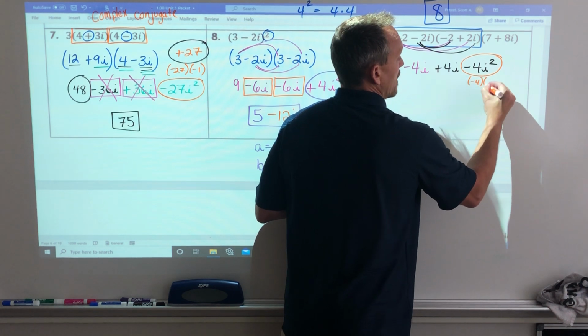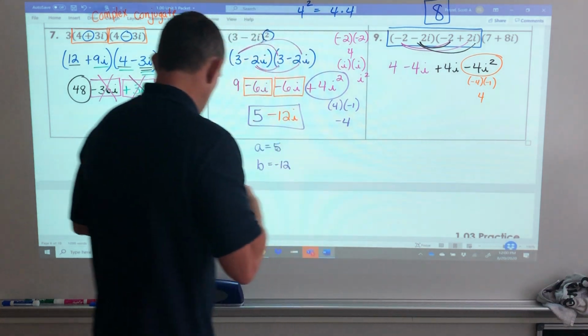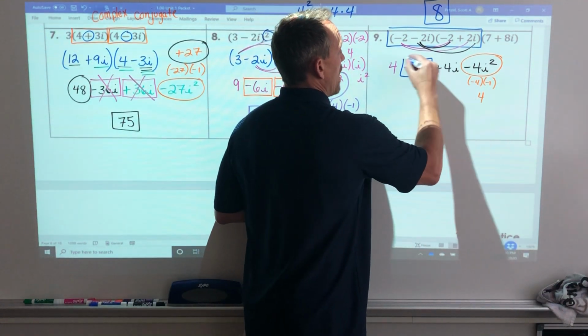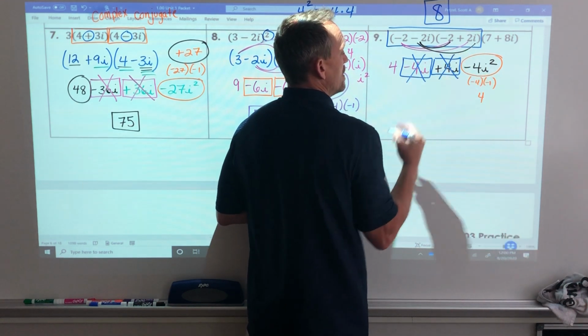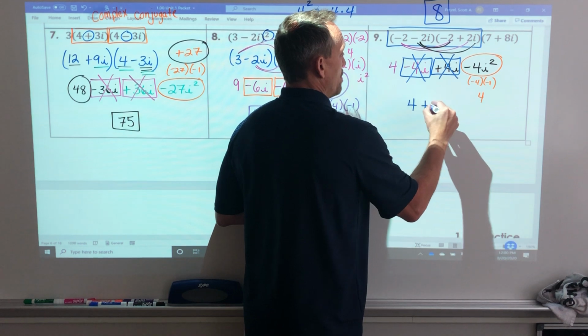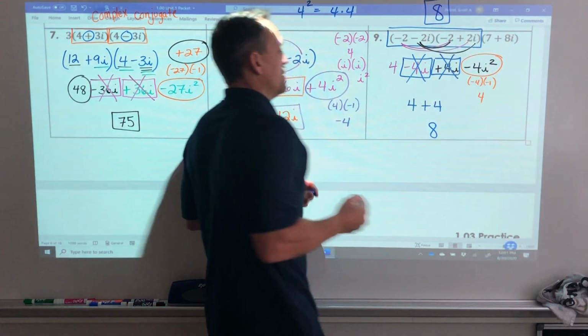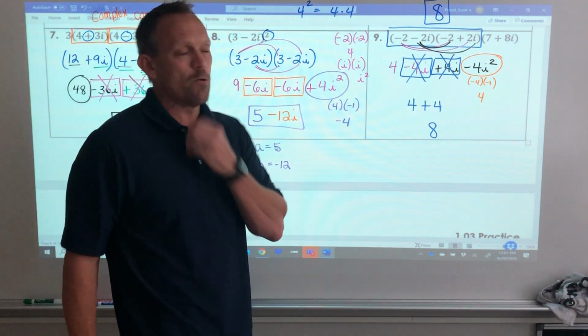Negative 4 times negative 1 is 4. Negative 4i plus 4i goes bye-bye. So now I have 4 plus 4, 8. Yay! If you can figure out the shortcut to that, let me know.